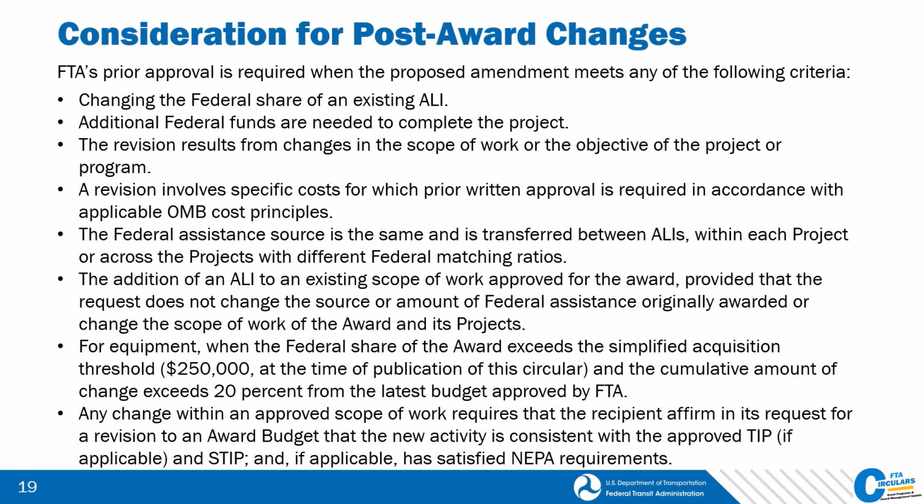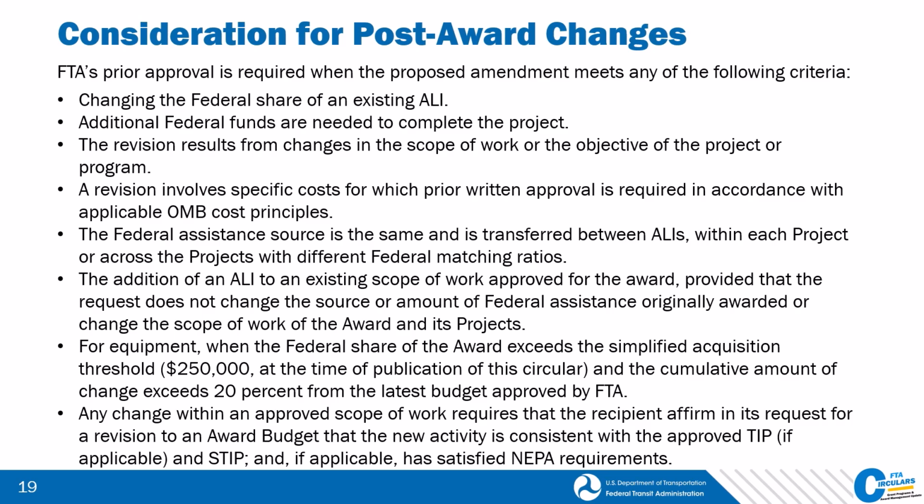The federal assistance source is the same and is transferred between ALIs within each project or across the projects with different federal matching ratios. The addition of an ALI to an existing scope of work approved for the award, provided that the request does not change the source or amount of federal assistance originally awarded, or change the scope of work of the award and its projects.